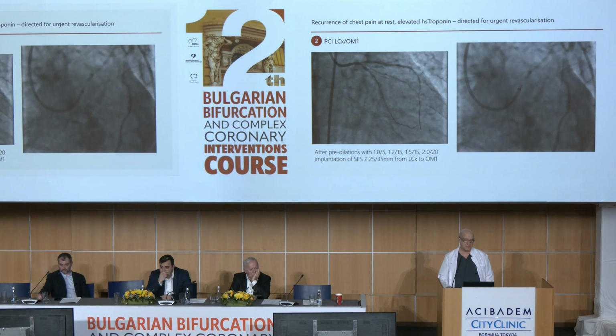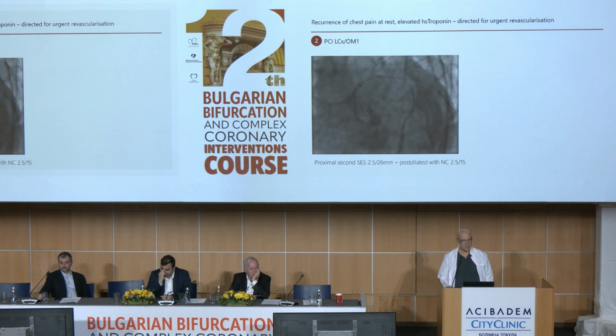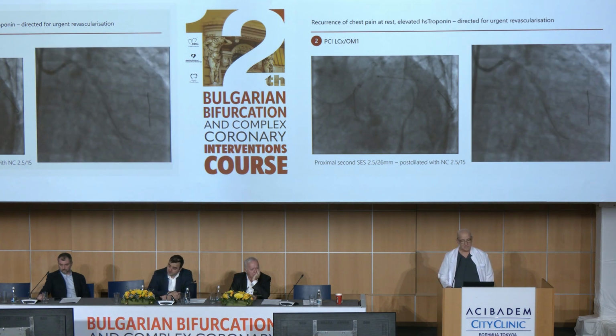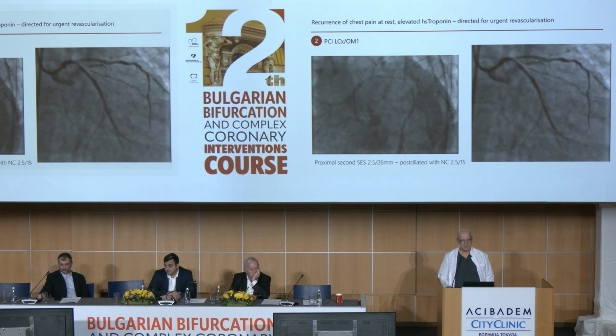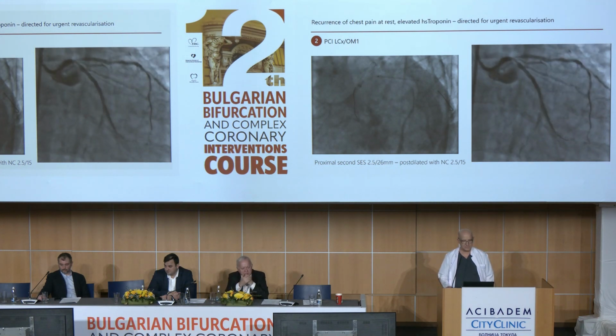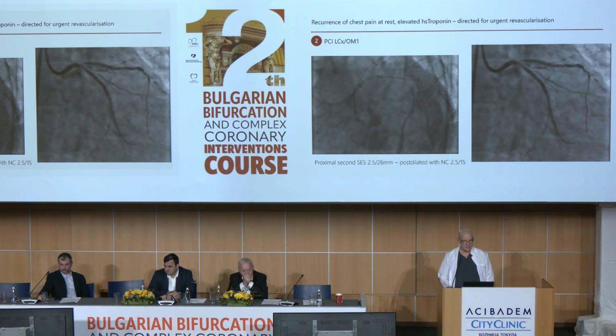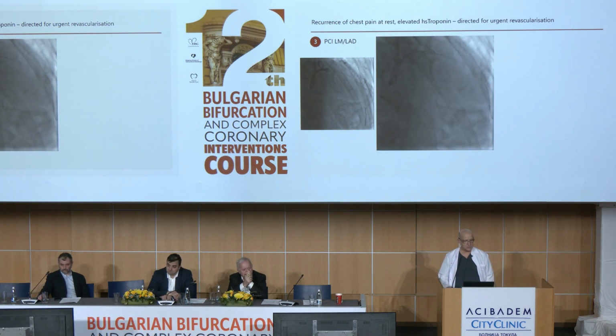There is a lesion here, which is about 5%, but finally when we put these stents, we decided to go to provisional stenting from the left main to the LAD, and after that decide what to do with the proximal part of the circumflex artery. Predilation of the ostium of the LAD with the 2.5 balloon, and this is a stent which is 3.5 by 30.